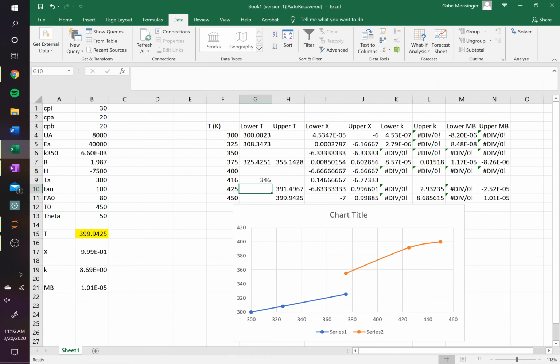That's because you've gone past the ignition point and you're no longer on this lower branch. The lower branch doesn't exist after that point. So that's going to be the telltale sign that you've found the maximum temperature, or ignition point, for the lower branch.